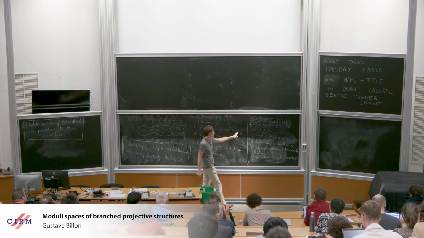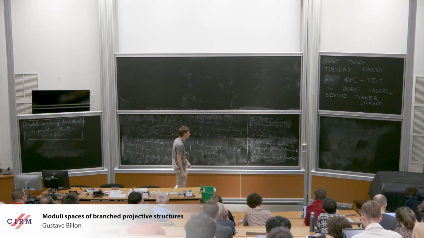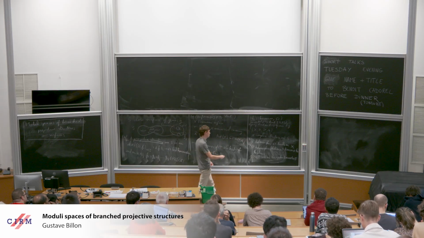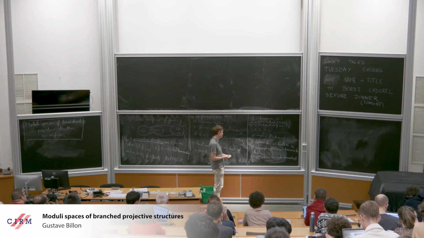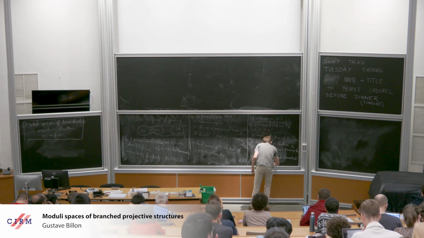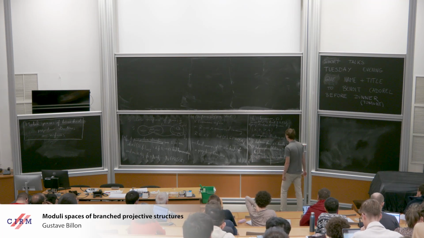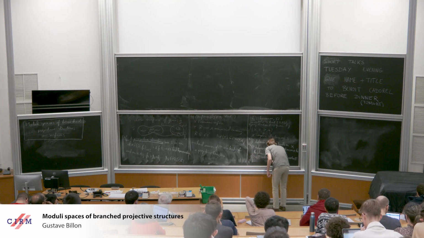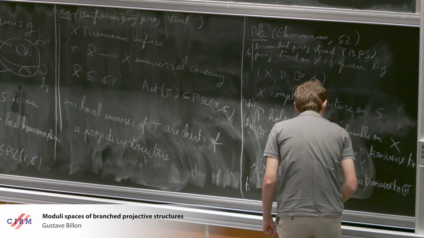So it is this quadruple where X, P, and F are a flat holomorphic CP1 bundle, and S doesn't have to be everywhere transverse. It just has to be not a leaf of F. So it's not a flat section.